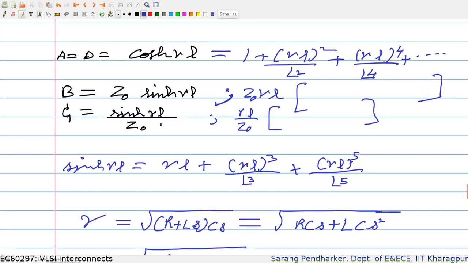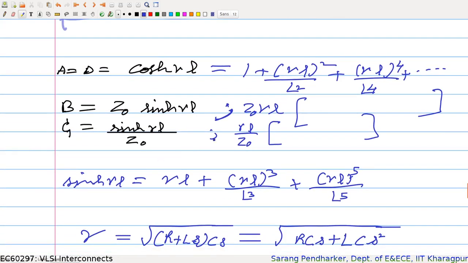When you do this expansion of sine and cos, here you will have a term of gamma L, which will be common in all these things. So for B, you can write it as Z naught into gamma L. Gamma L comes out, so again you have 1 plus gamma L square upon factorial 3 and so on.